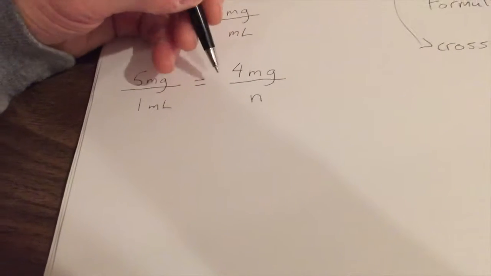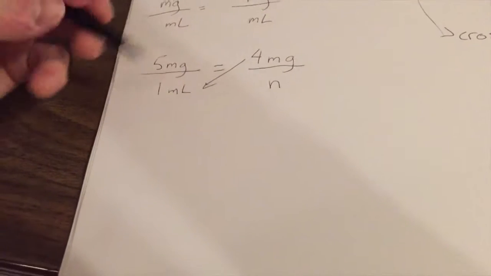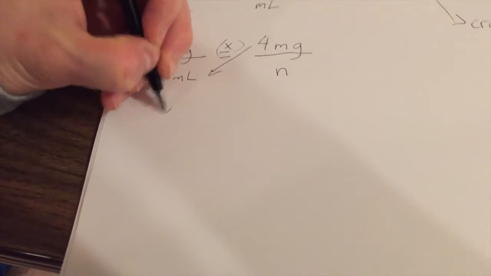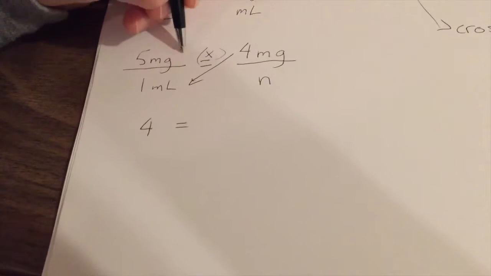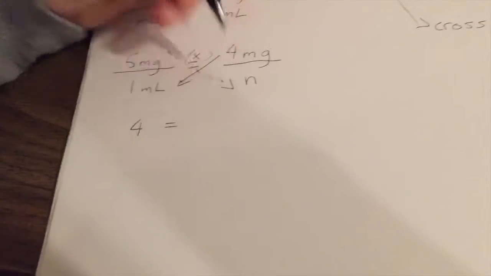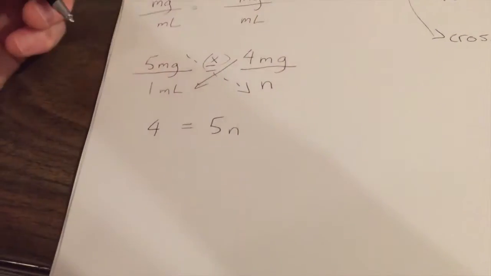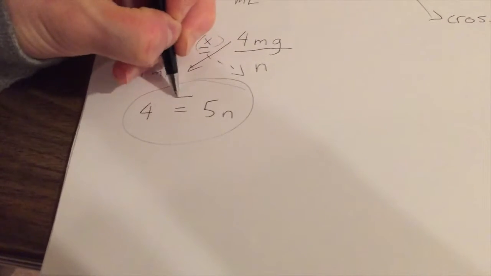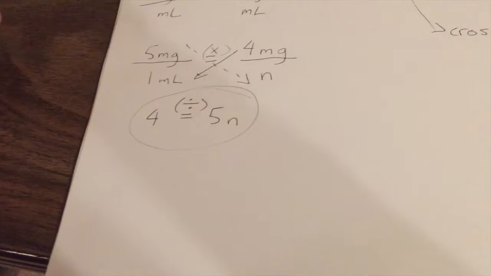So what I like to do first is put an arrow like this to remind myself to start there. So 4 times 1 is 4. Then we put an equal sign, and then we do this next section. So 5 times n is just 5n. Okay, now we have this, and I put a little dividing sign.